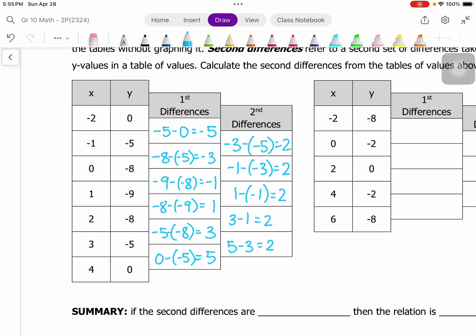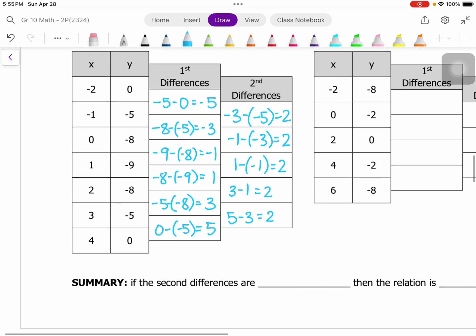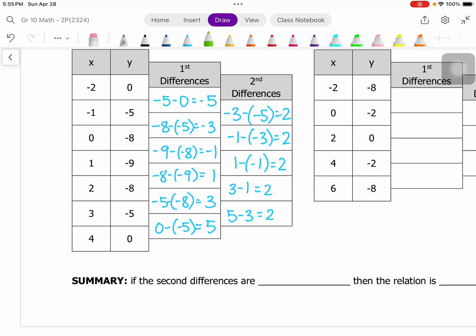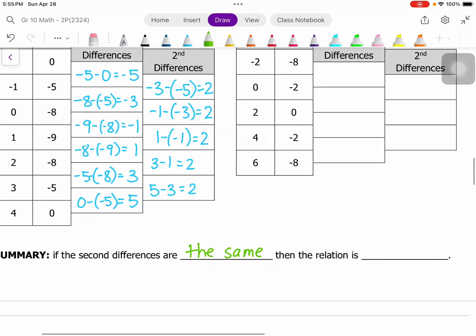So you can see here that our second differences are all the same. If our second differences are the same, then the relation is quadratic.